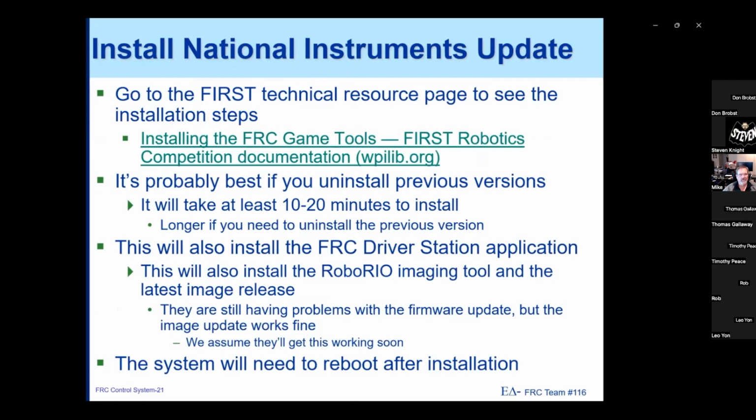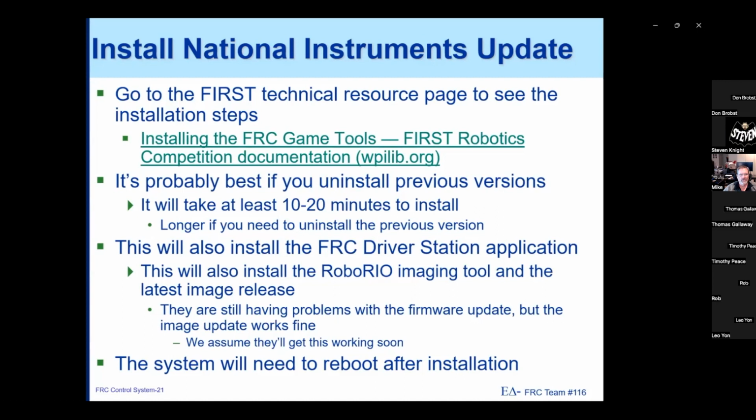If you just simply Google or use whatever browser you happen to be partial to, and just look up FRC software installation, it will lead you to this particular link out at WPI lib. You'll basically have to download the National Instruments code. This is several gigabytes, so it'll take you quite a while to download this.